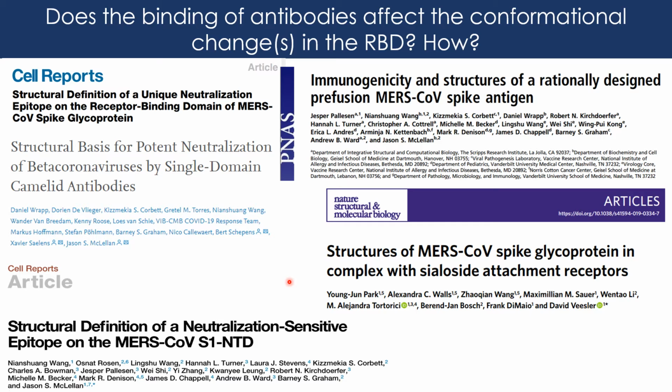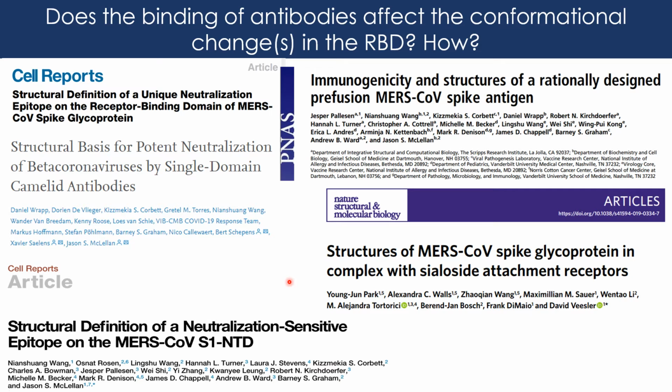So, as I discussed earlier, there have been a number of reports both for MERS-CoV and for SARS-CoV-2 to understand how the binding of antibody not just to the RBD but to other regions in the spike protein are affecting the conformation changes in the RBD.